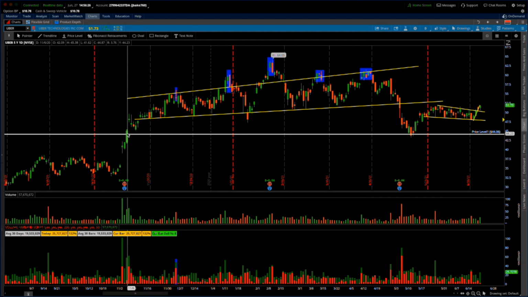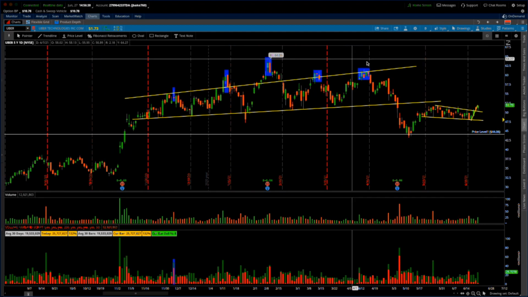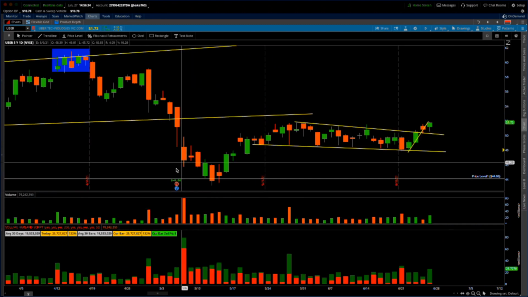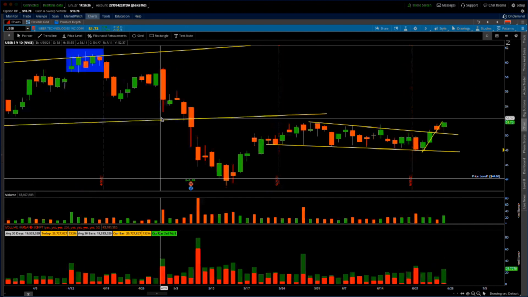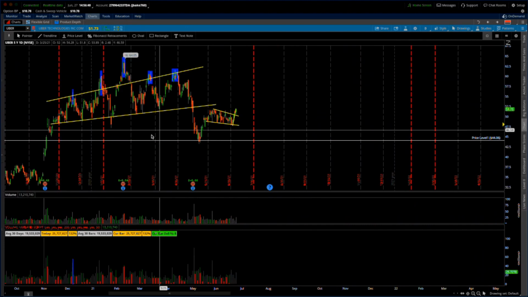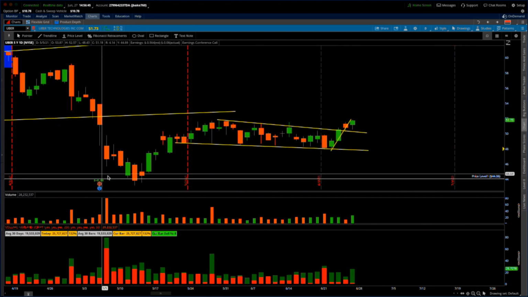High volume activity right here, breaking out. We come back down, and what do we see here? We get some more high volume activity right here. So all this is saying that price is starting to be supported, and market makers, the insiders, are starting to come into the market.